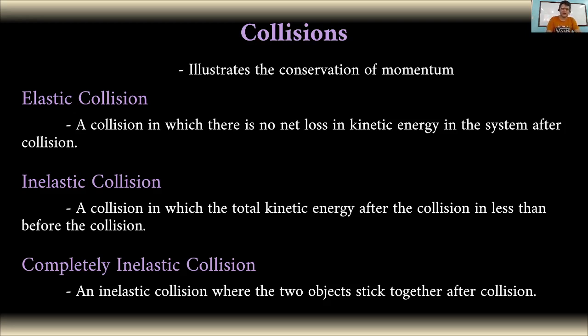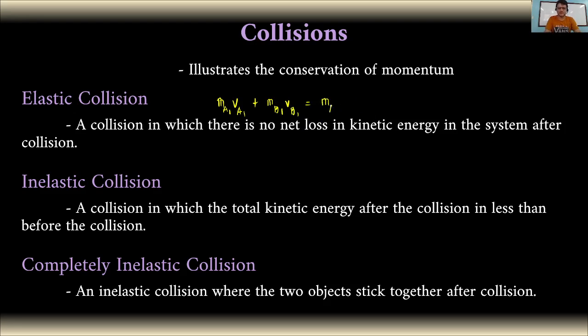Mathematically, if we have two objects A and B, we have the initial momentum of A, this is mass times velocity, plus the initial momentum of object B, mb1 vb1, is equal to the sum of their momenta after the event.